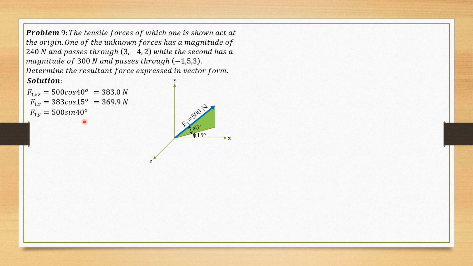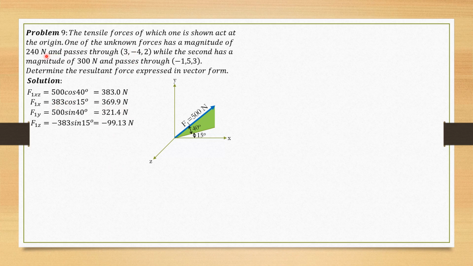Let's just use 500 sine of 40, and that is 321.4 newtons. Then F1z is opposite the 15 degrees in this right triangle. It is opposite to the positive z-axis, so it is negative: negative 383, the hypotenuse, which is F1xz, times sine of 15 degrees, which is negative 99.13 newtons. So that's F1 and the components of F1.